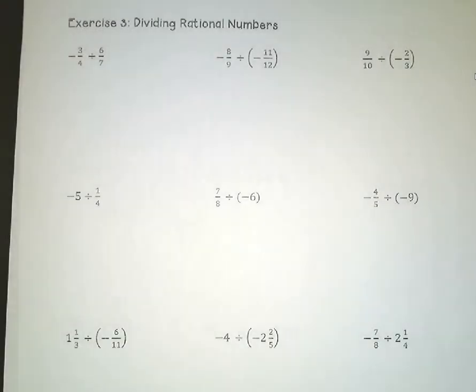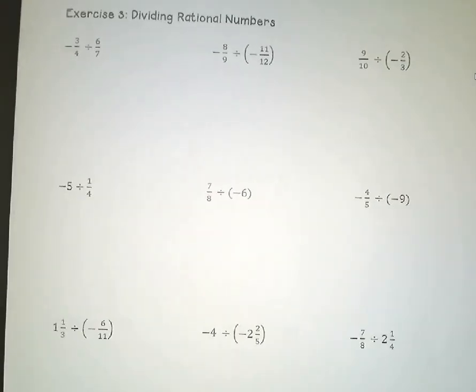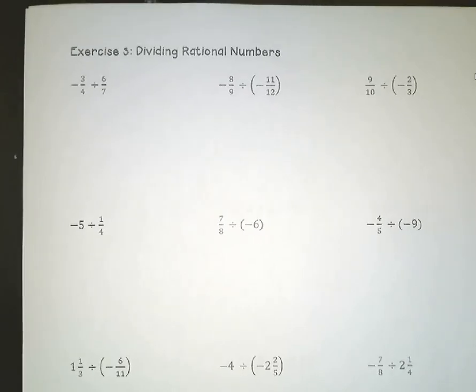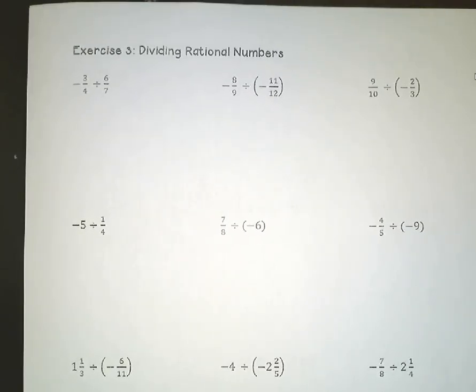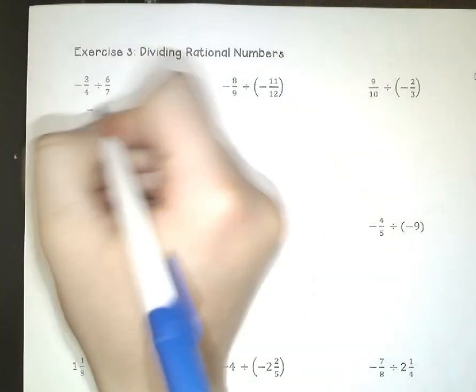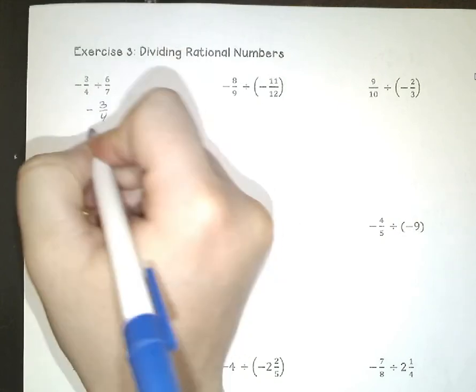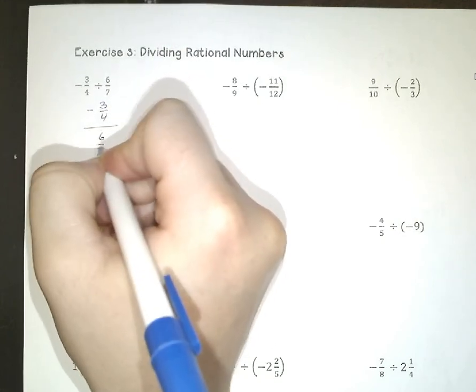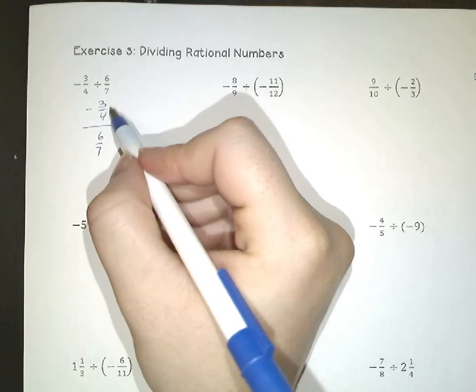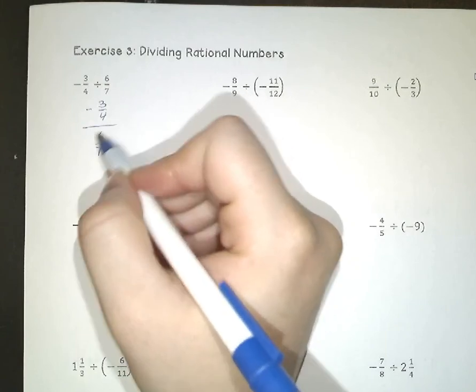next problem. Now we are getting into division. So again, division of fractions, I would recommend, so you remember how to do it, to set it up as a complex division problem. So negative 3/4, I'm dividing by 6/7. I don't want to get rid of the negative 3/4, I want to get rid of 6/7 that is on the bottom.